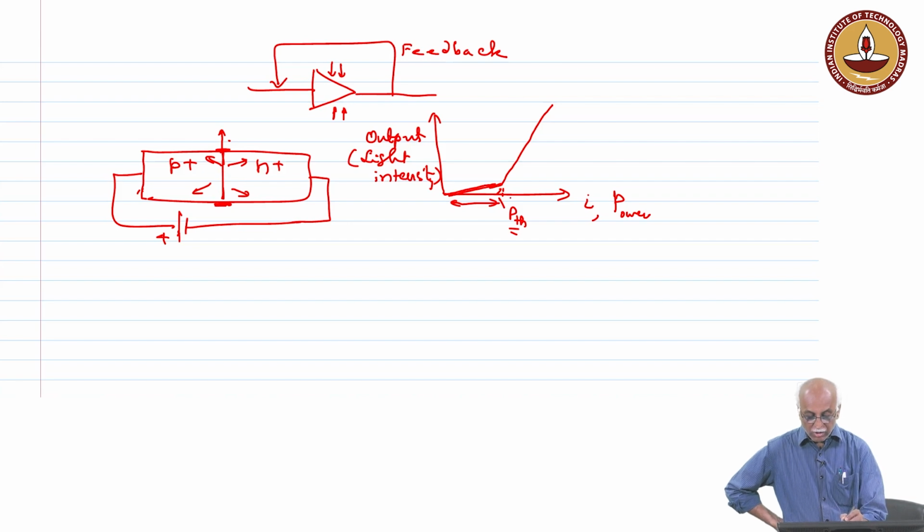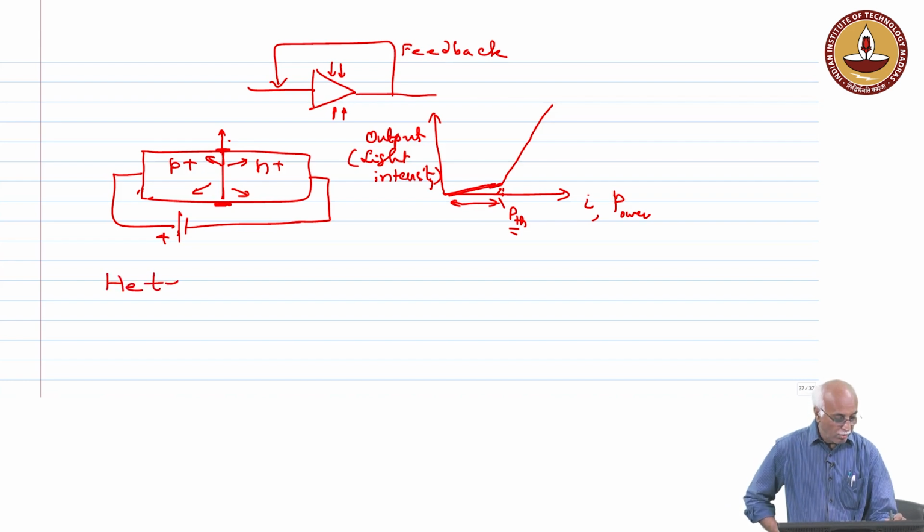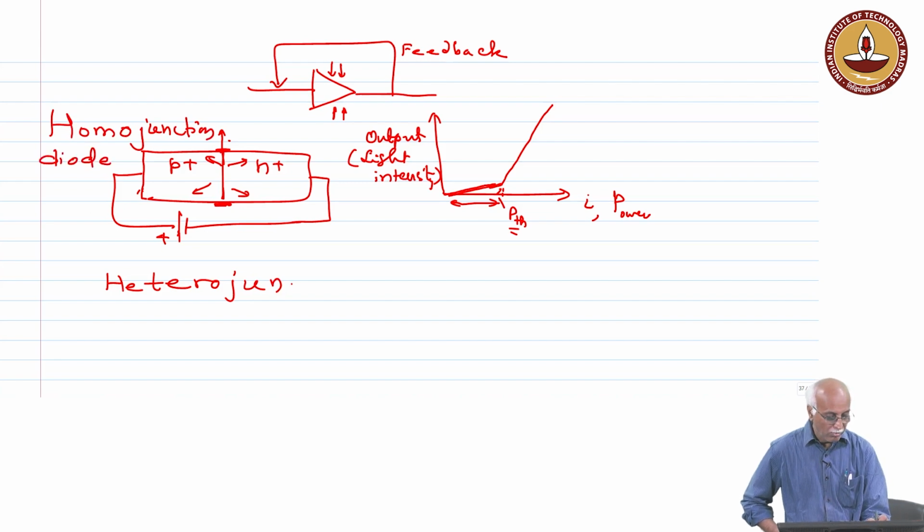So, what we want is lesser current to pass through and a higher gain. For that we use a hetero junction. So, this is the homo junction diode, and this is the hetero junction diode.